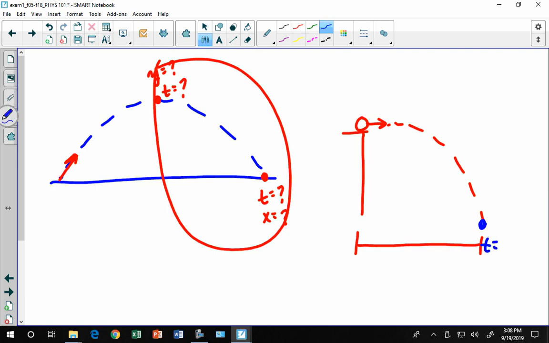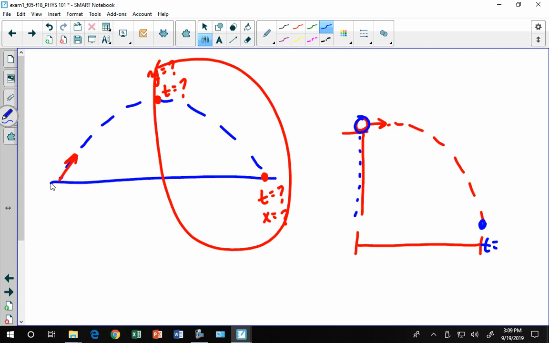In order to find the time there, I'm going to think about this object right here and ask how much time does it take to just drop? Because the amount of time that it takes to drop from here to here is the same as the amount of time that it takes to go in this path, right? If I drop two things, or if I drop and kick one off, they both land at the same time.